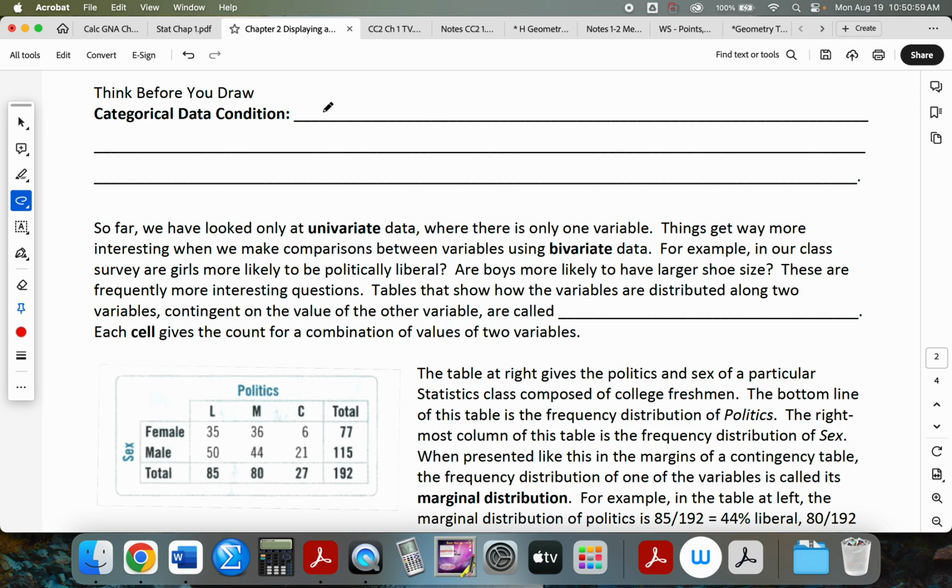The categorical data condition says for a bar chart or a pie chart, the data must be in counts of individuals in categories.